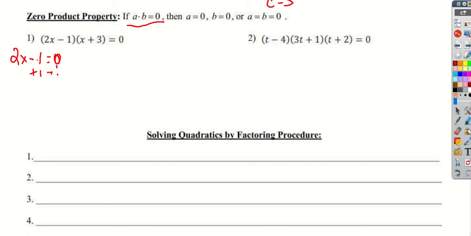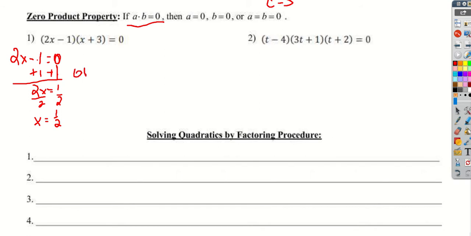So here I'd add 1 to both sides, okay? And then I'd get 2x is equal to 1, and I divide by 2, and I end up with x equaling a half. And so if I plug a half in for x, 2 times a half is 1, 1 minus 1 is 0.